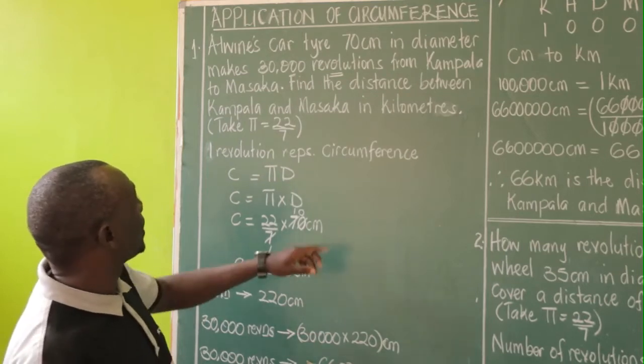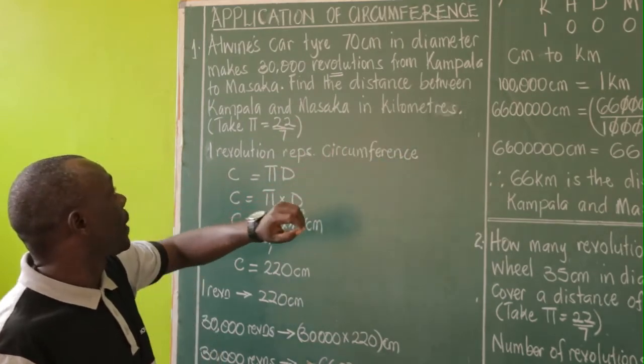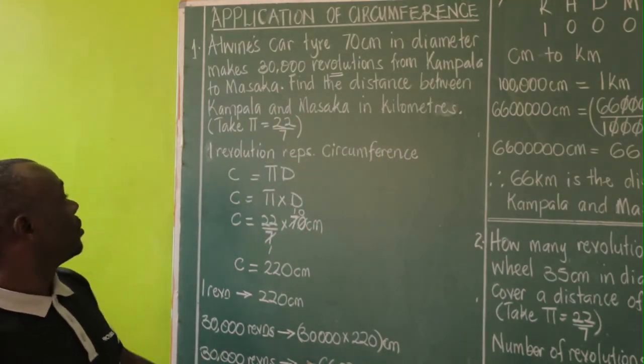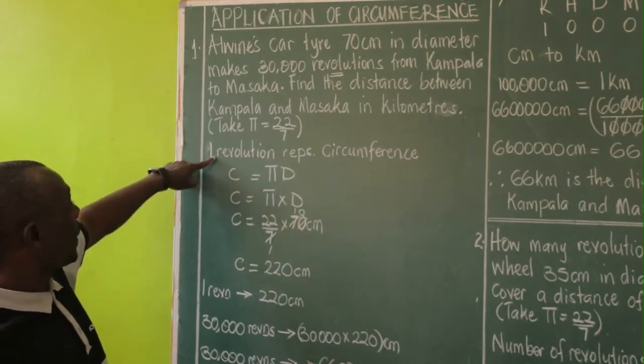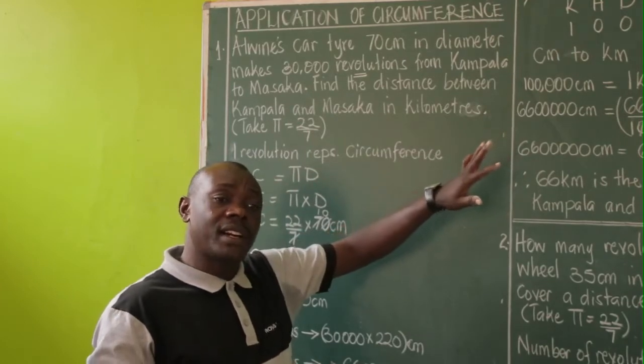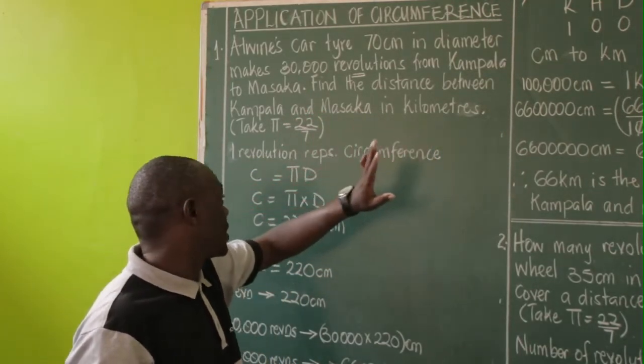As the question suggests, find the distance between Kampala and Masaka. Now that the car tire is circular, we say one revolution represents circumference. When the car tire rotates, it will have made a circumference.